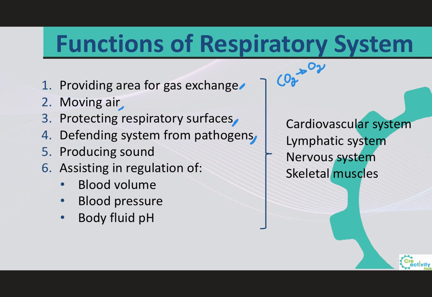The respiratory system is also important for producing sounds that are going to be involved in speaking, singing, or even nonverbal communication. And lastly, the respiratory system is going to assist in the regulation of blood volume, blood pressure, and control of the body fluid pH.